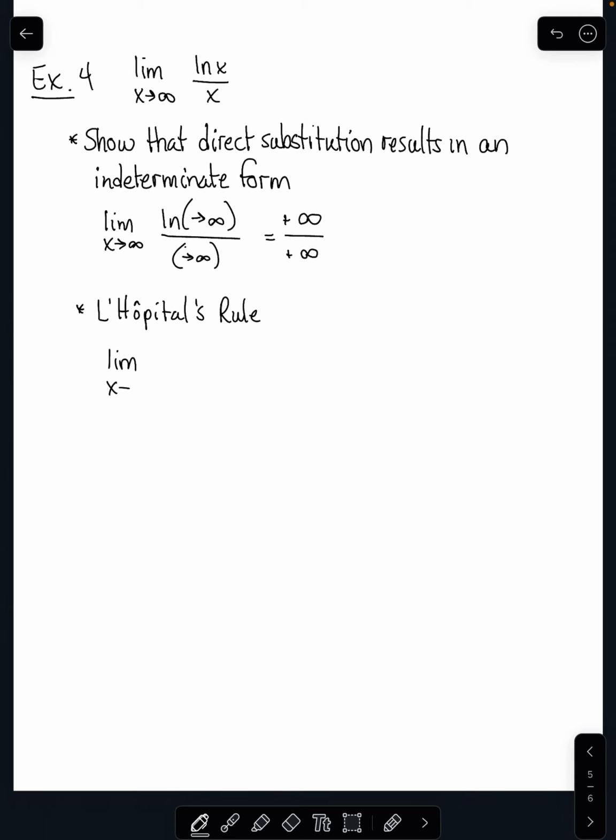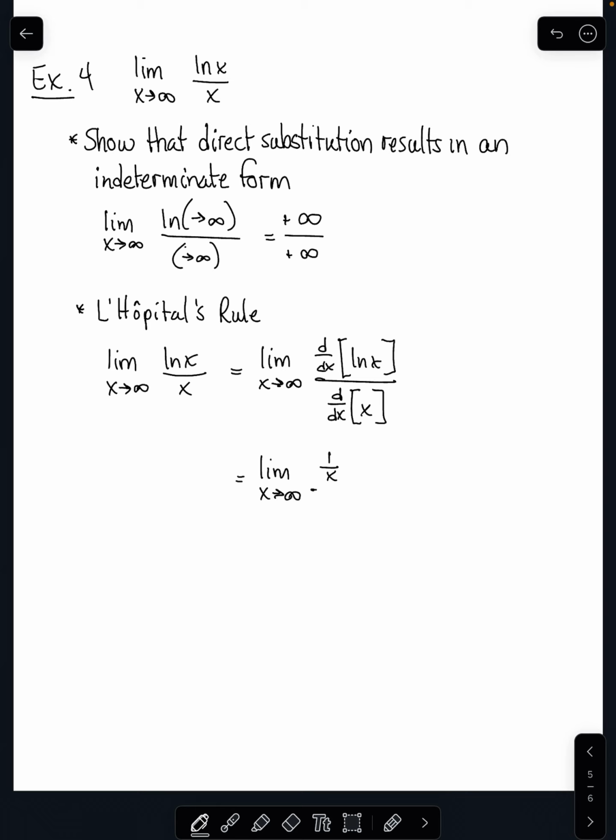The limit as x approaches infinity of the natural log of x over x is therefore equal to the limit as x approaches infinity of the derivative of the natural log of x over the derivative of x. The derivative of the natural logarithm is, of course, 1 over x, where the derivative of the denominator, x, is just 1.